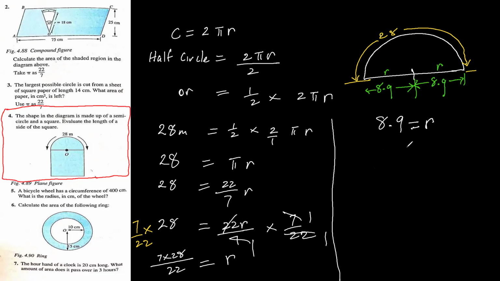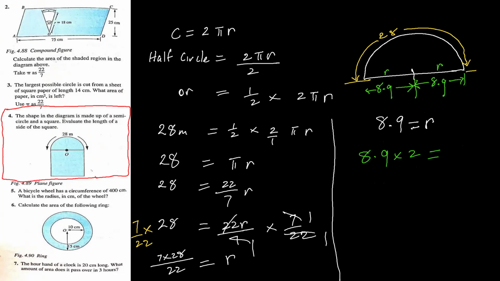So 8.9 plus 8.9, or 8.9 times 2, will give me the diameter. And that diameter, which will be the entire distance, is a side of your square. Because remember, the other shape was a square.